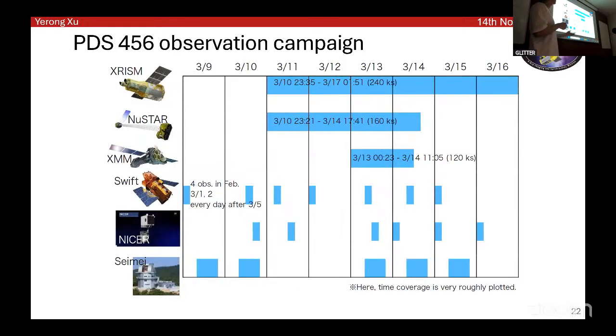And for XRISM, during its PV phase, it performed a very deep observation of this target, coordinated with several other space X-ray telescopes as well as ground-based optical telescopes. Here is the time coverage of these different facilities, which enables us to have a complete picture of this target.